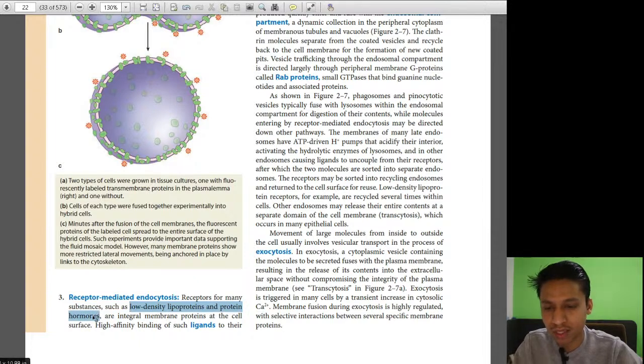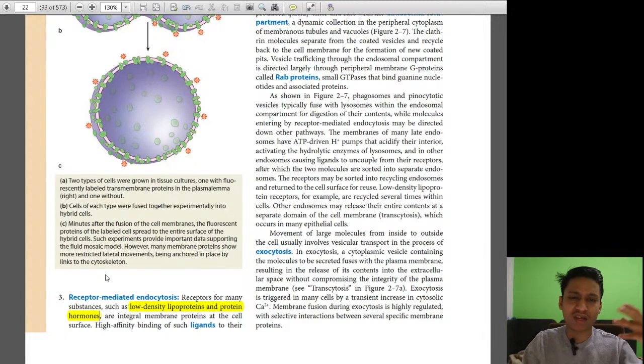We saw that phagocytosis is usually for the dead remains of any other organism, let's say bacteria. Pinocytosis is liquid material, water, which is cell drinking, and those vesicles have liquid contents. But when it comes to low density lipoproteins and protein hormones, we have receptor mediated endocytosis.